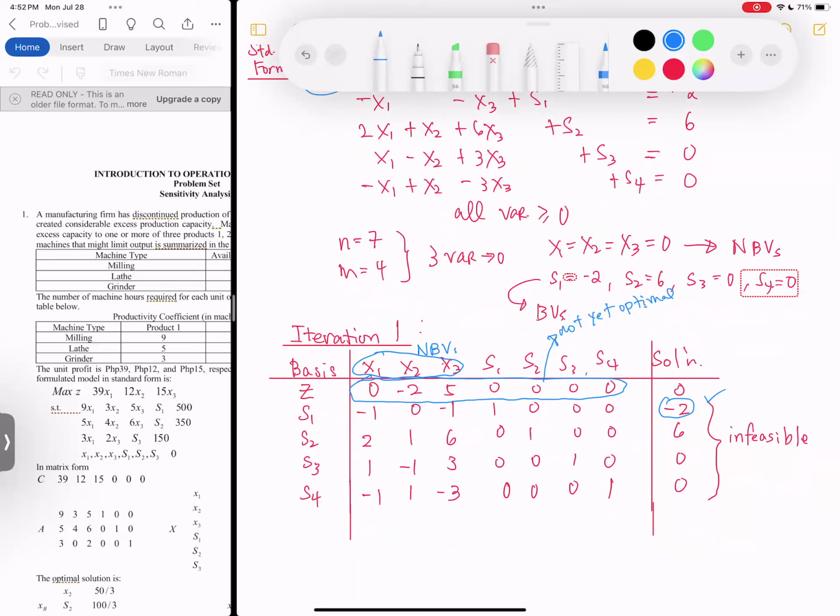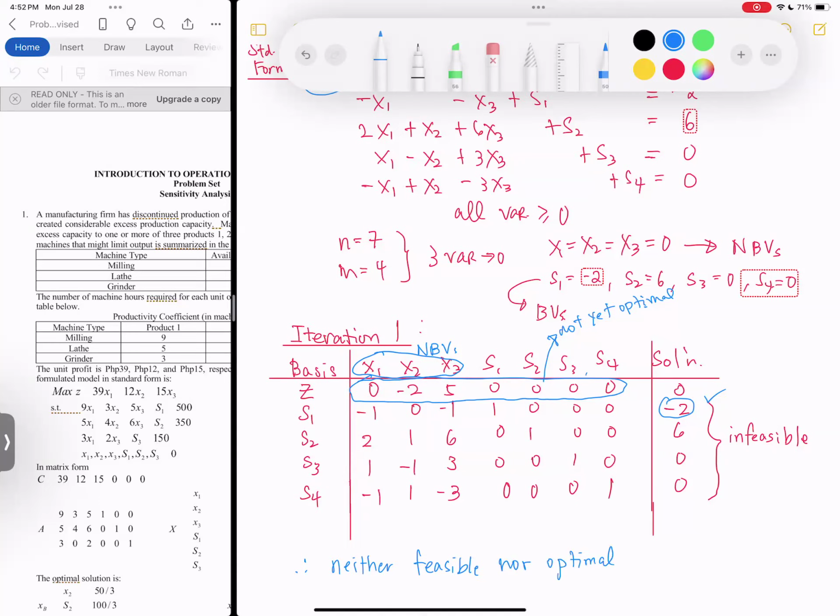Therefore, this tableau is neither feasible nor optimal. Okay, you need to know the terms. That's correct. Thank you. Neither feasible nor optimal. Okay.